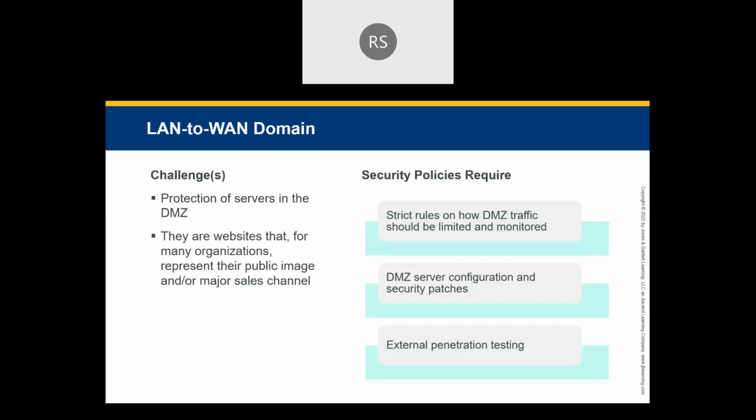Also, conducting regular external penetration testing is an important security practice for the LAN to WAN domain. Now, what this does is simulate real world attack scenarios to identify vulnerabilities in the DMZ servers and your overall network infrastructure. By proactively identifying and addressing security weaknesses, you can enhance your defenses and protect the DMZ servers from potential threats.